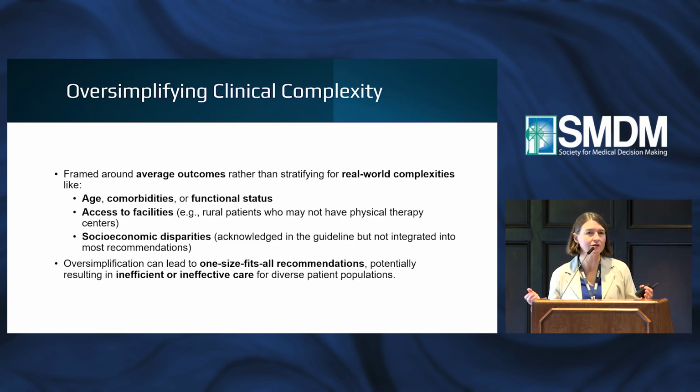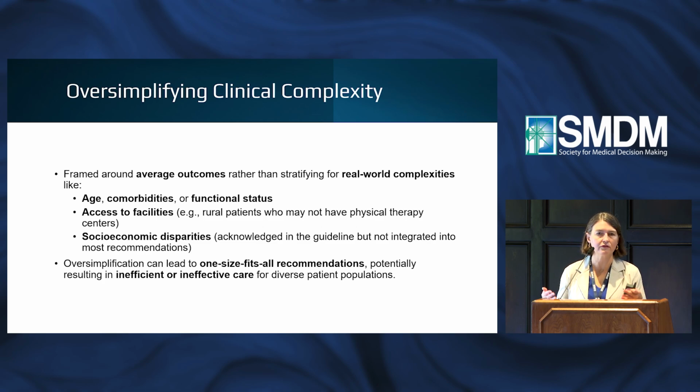The average age with the average comorbidities and an average functional status, or a functional status that we know led people to even be offered surgery. They don't acknowledge the types of access to facilities. So again, if PT is recommended, but people live in rural areas with no PT, that could be a problem. And socioeconomic disparities, right? So again, it was acknowledged that these things exist, but they weren't integrated into the recommendations.